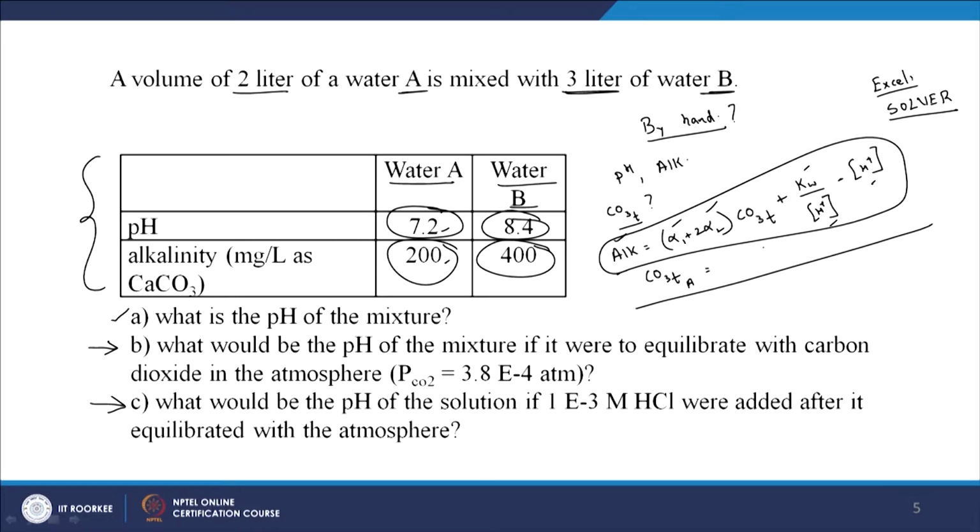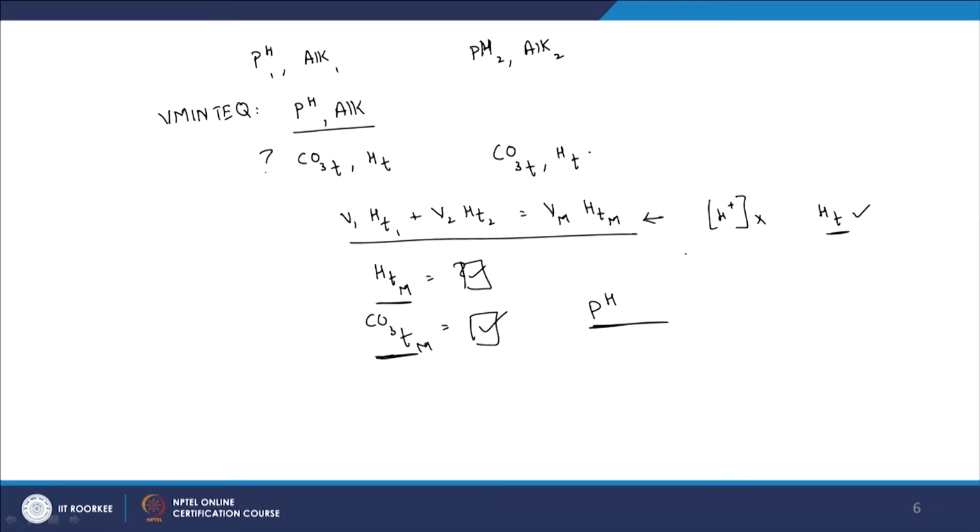Same case, I am going to repeat that for CO3 total B. I am going to calculate CO3 total A, and similarly CO3 total B, and then obviously what next? Let us just try to write this down. So I have V1 into alkalinity 1 plus V2 alkalinity 2 is equal to V3 into alkalinity 3.